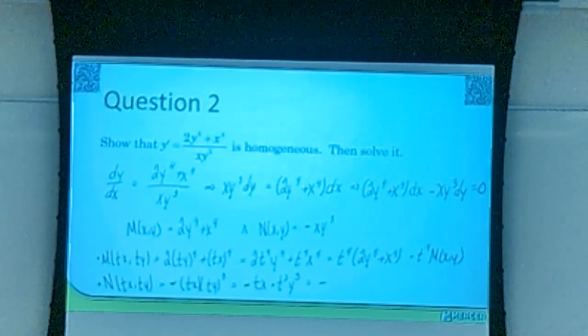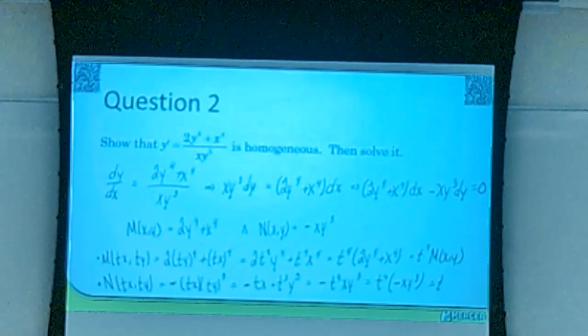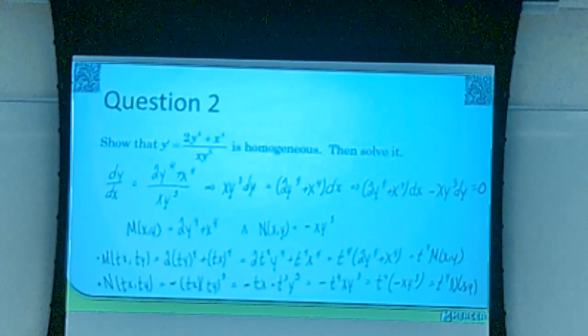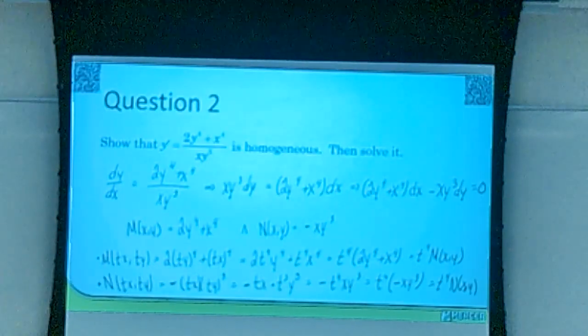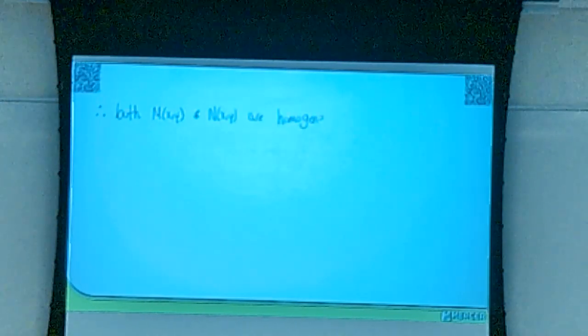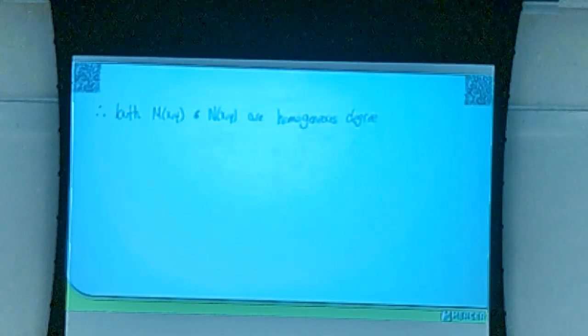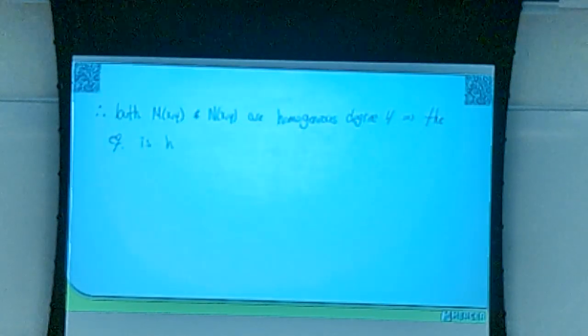Negative t to the fourth x y cubed. That gives you t to the fourth N. N is also homogeneous of degree 4, so the whole thing's homogeneous. Nice. The equation is homogeneous.